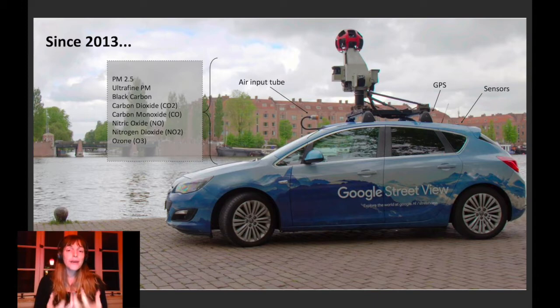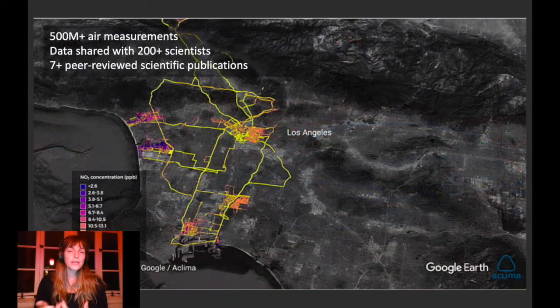We were already driving these cars to capture 360-degree panoramic images for Google Maps, so we thought, why not use them also as an environmental sensing platform? We started working on this project in 2013, and we started doing the testing in California to test the science of using Street View cars to map air pollution.